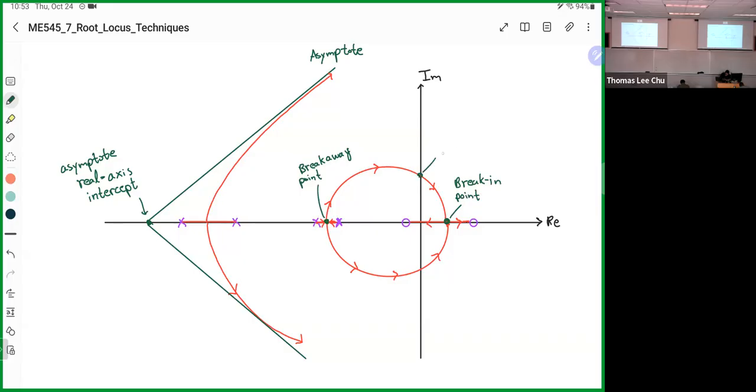This here is called the imaginary axis crossing. Here we can actually determine what's called the angle of departure. If we were to draw a little line here, it's called the angle of departure.